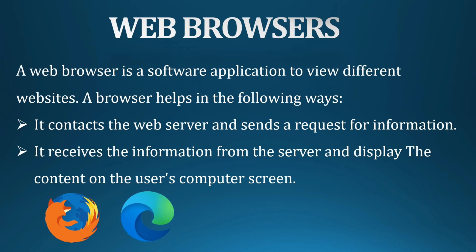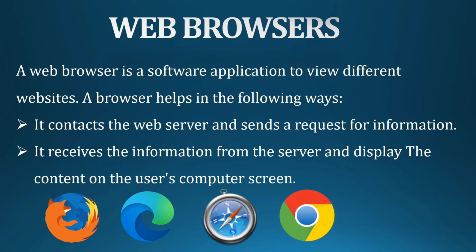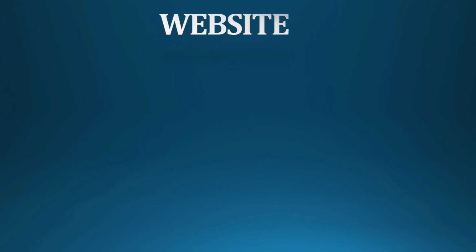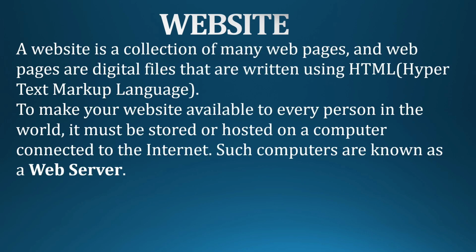Mozilla Firefox, Microsoft Edge, Apple Safari, Google Chrome are some well-known web browsers. Next topic is website. A website is a set of pages of information on the internet about a particular subject.